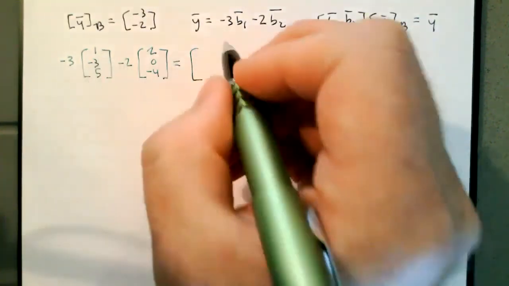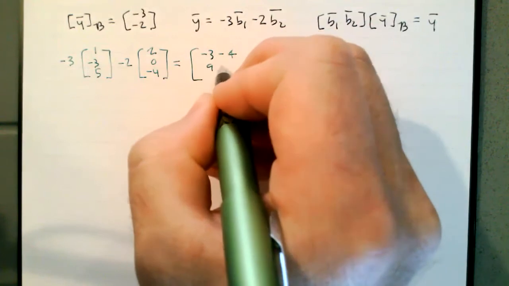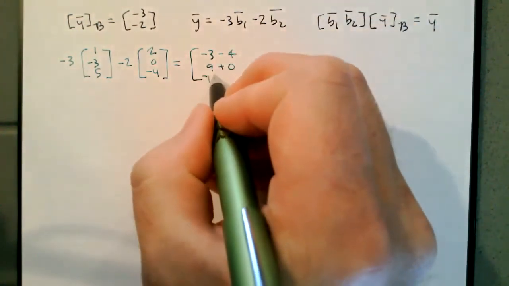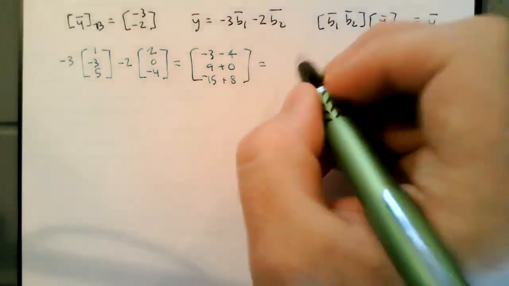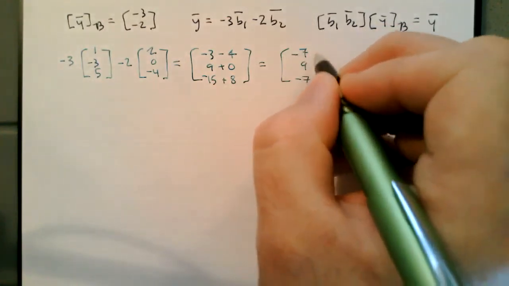So I'll have -3 minus 4, 9 plus 0, and -15 plus 8. So it looks like y is -7, 9, -7.